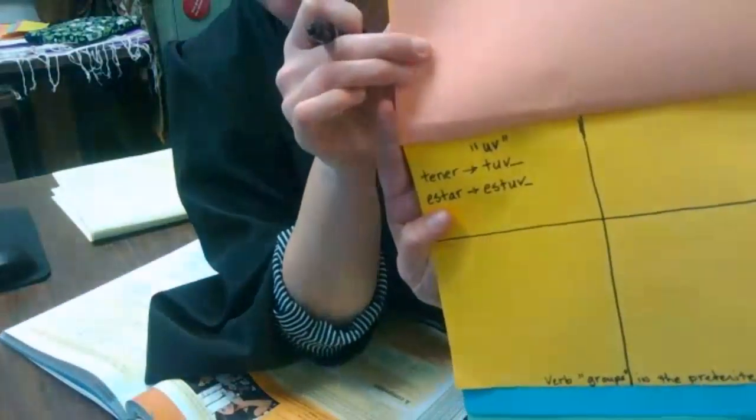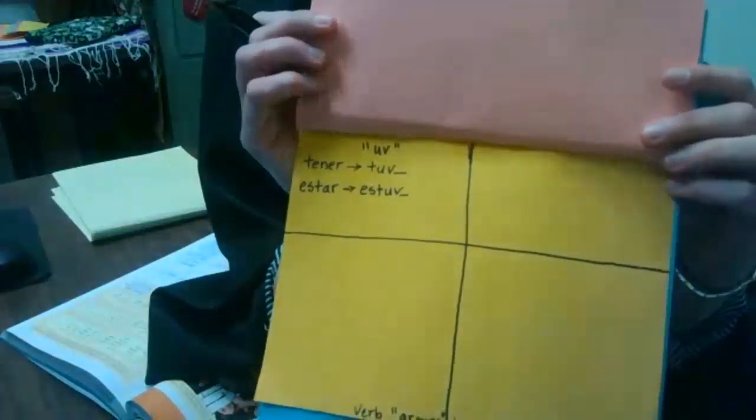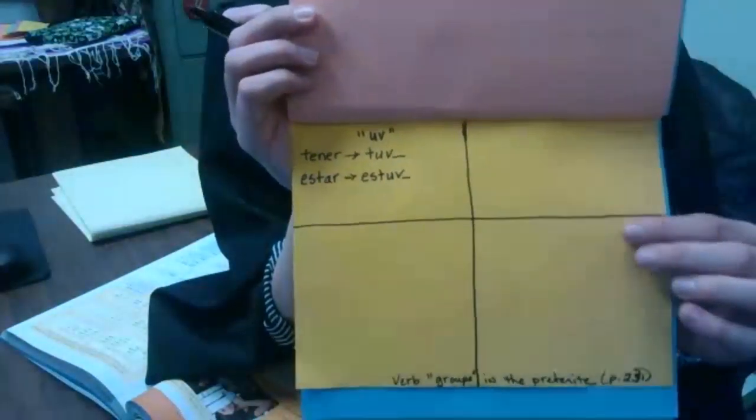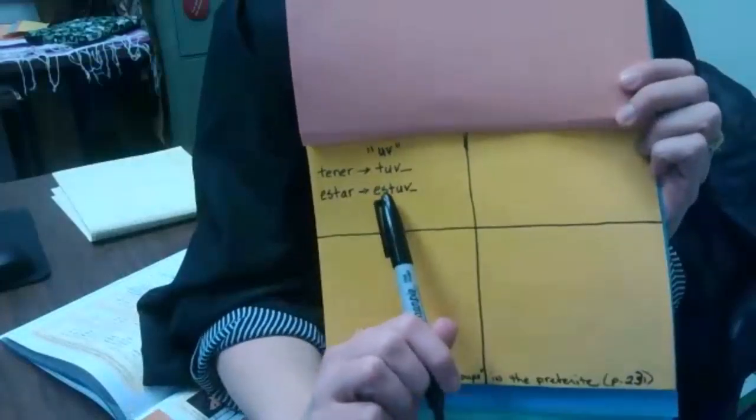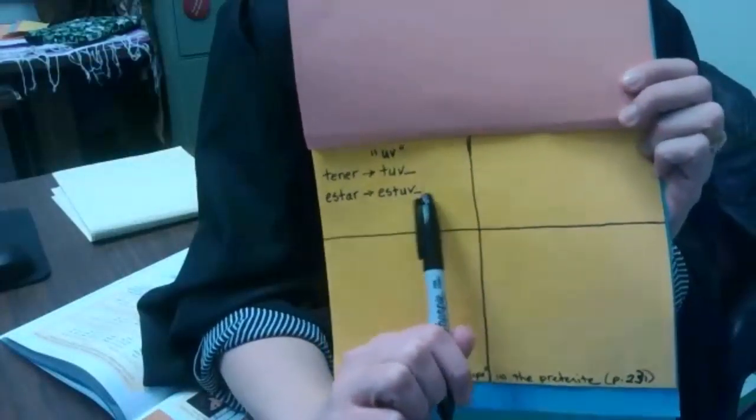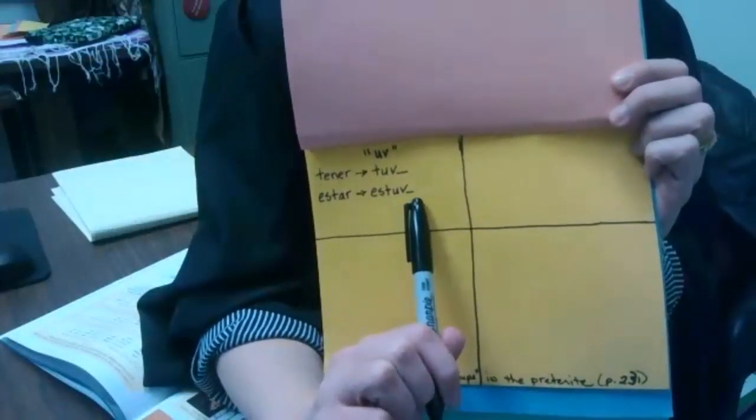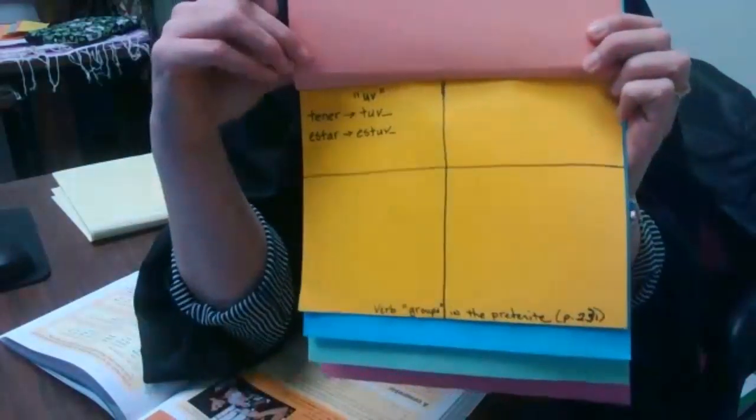So estar is going to go into estuve. That's your new stem. Estuve. All right, and see the line at the end? Right there, see that line? That's where you're going to put your new ending for your subject in the preterite tense.